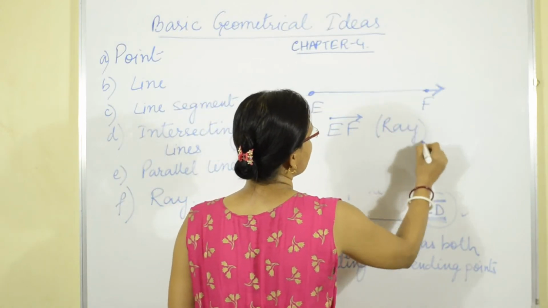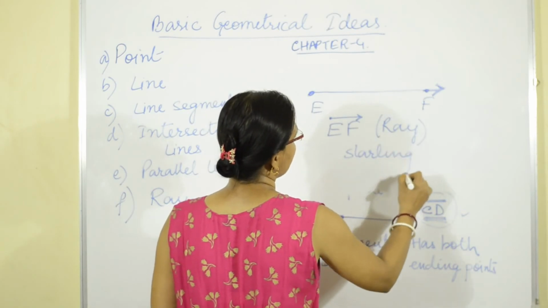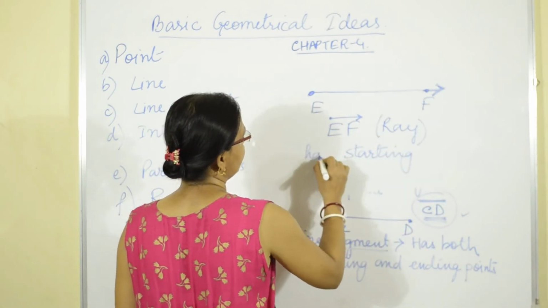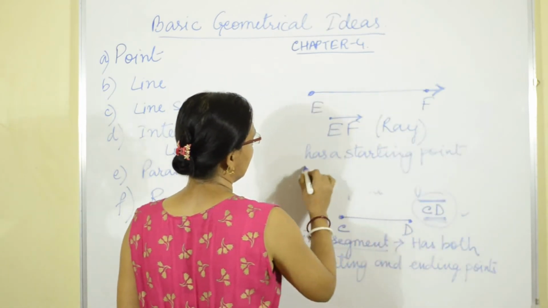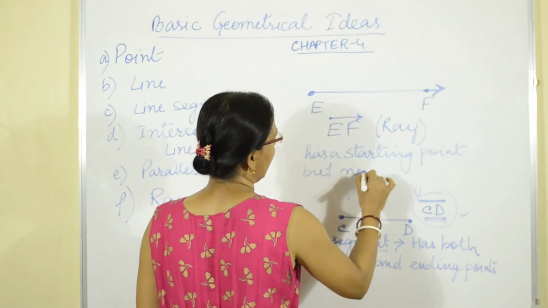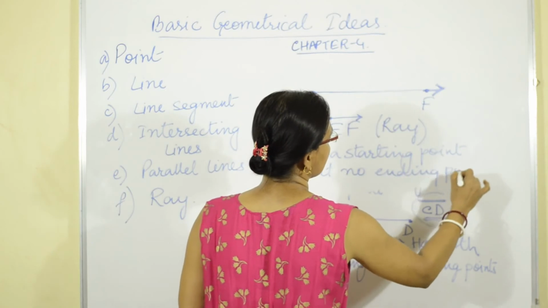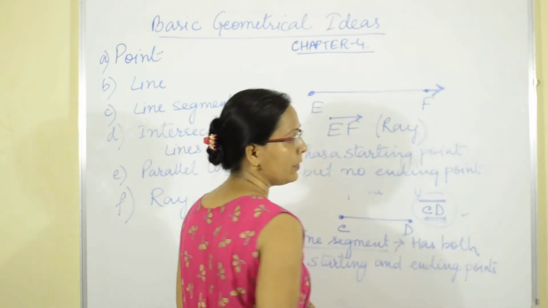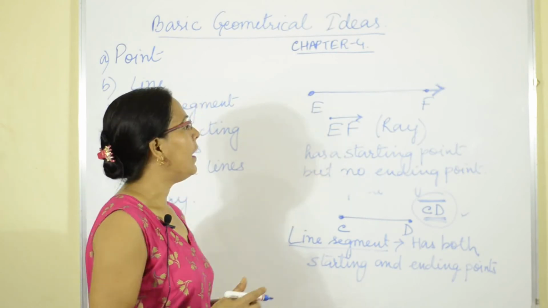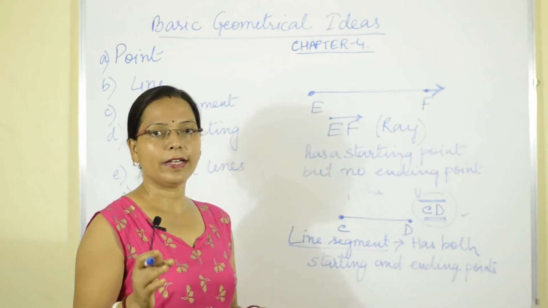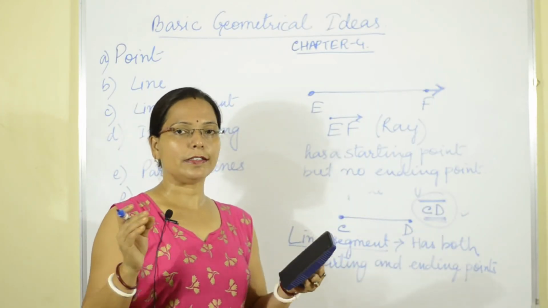Now, what did we get? Ray has a starting point, but no ending point. This is what a ray is. So, we have come to know the three things. First of all, what is a line? A line has no starting and no ending point, and it is marked with two arrows on either side.